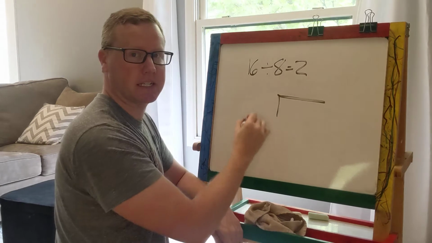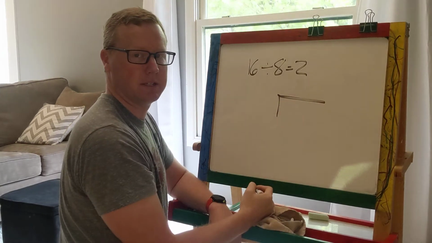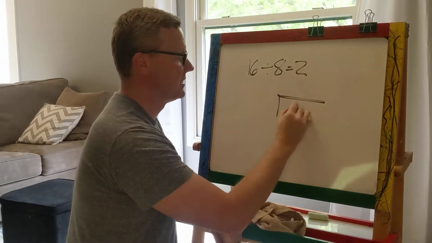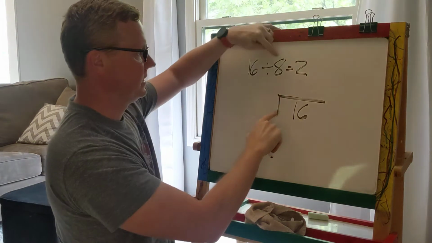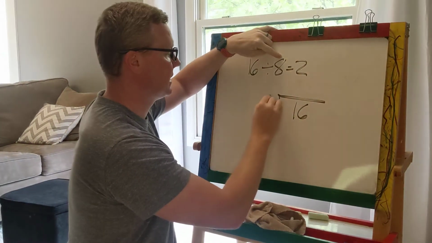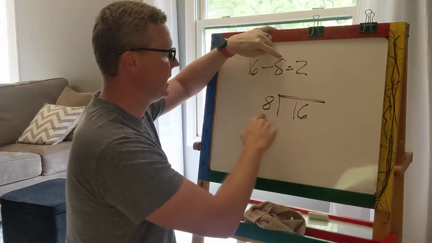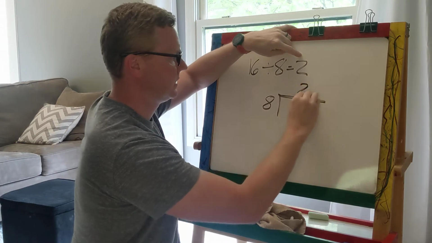So where does my 16 go? Correct, underneath. 16 divided by 8. Where would my 8 go? 8 goes on the outside. 8 equals 2.